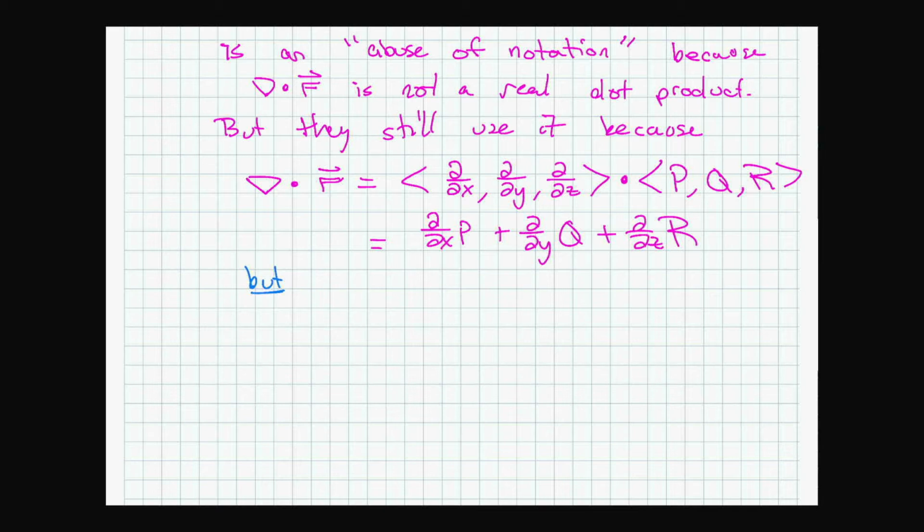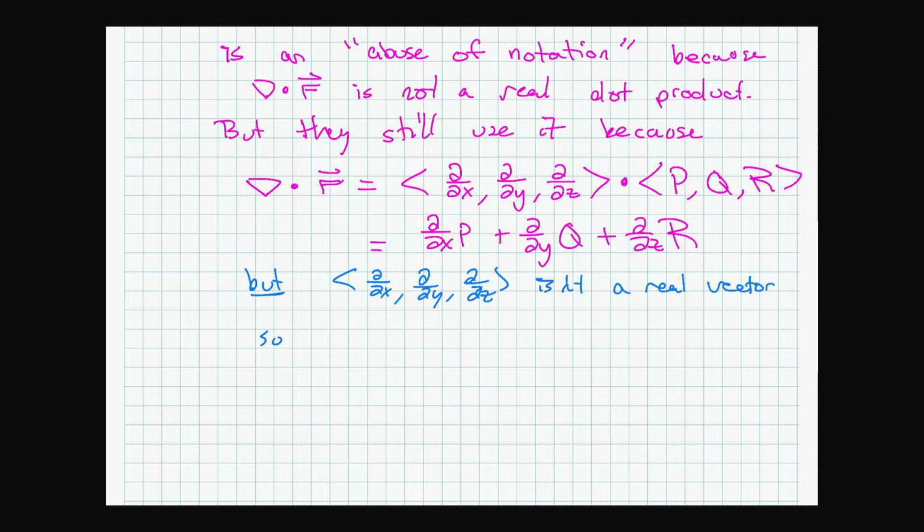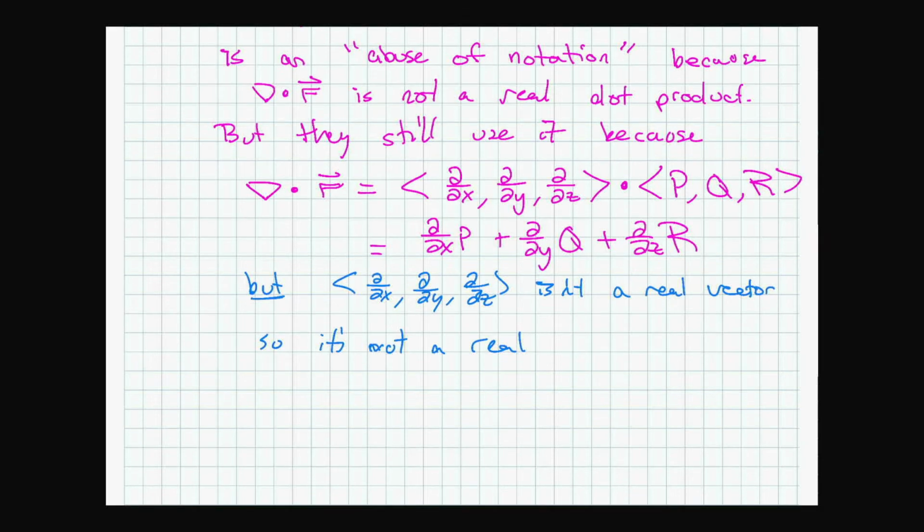This isn't really a vector because those aren't numbers in there. So technically it's not a real dot product.